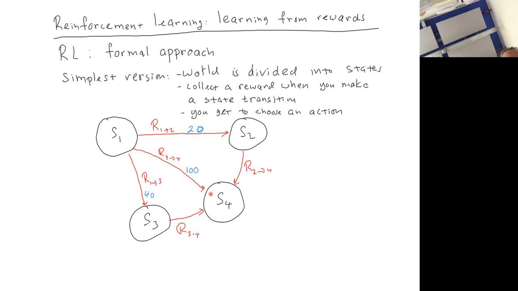But suppose that this was 30, but this was 1,000. So the optimal thing to do in this situation is not to take the greedy approach, but to pick up a lesser reward and then a greater reward.